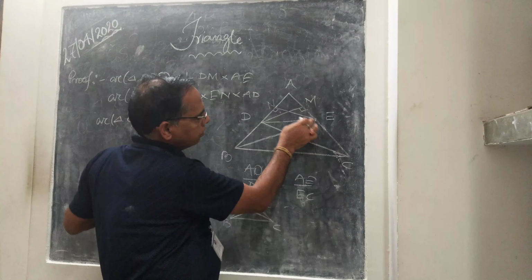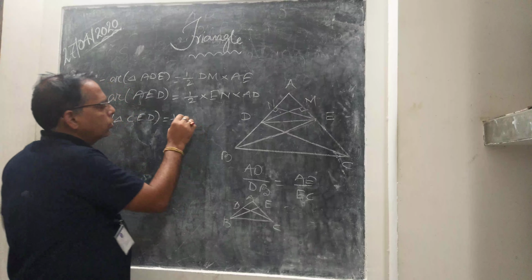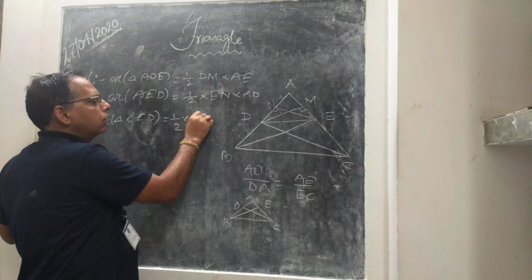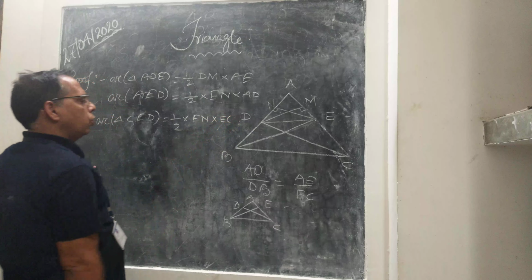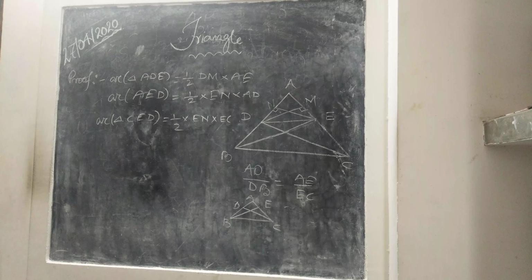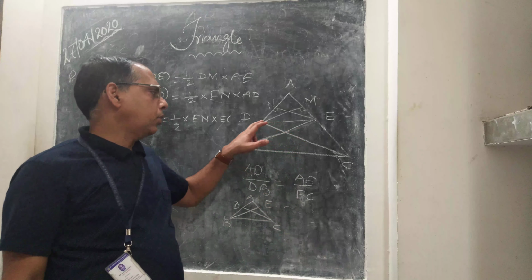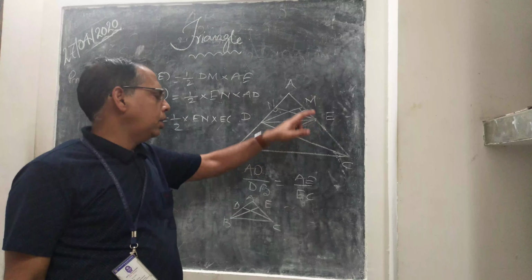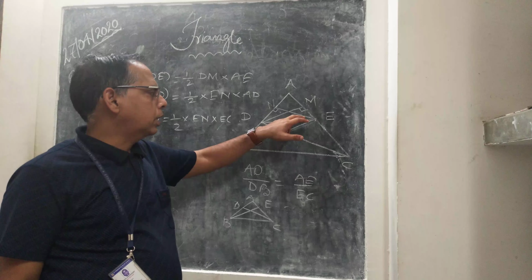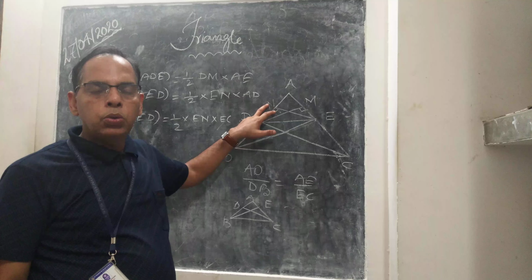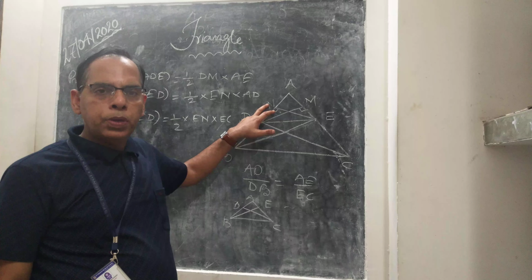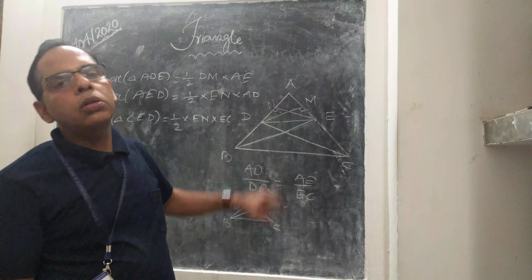What is the altitude? Altitude is this one. So half N into EC. Now some of you may have a question: this is the triangle CED, and how is it at the altitude, because this is an obtuse angle triangle? You know that in an obtuse angle triangle the altitudes are outside.